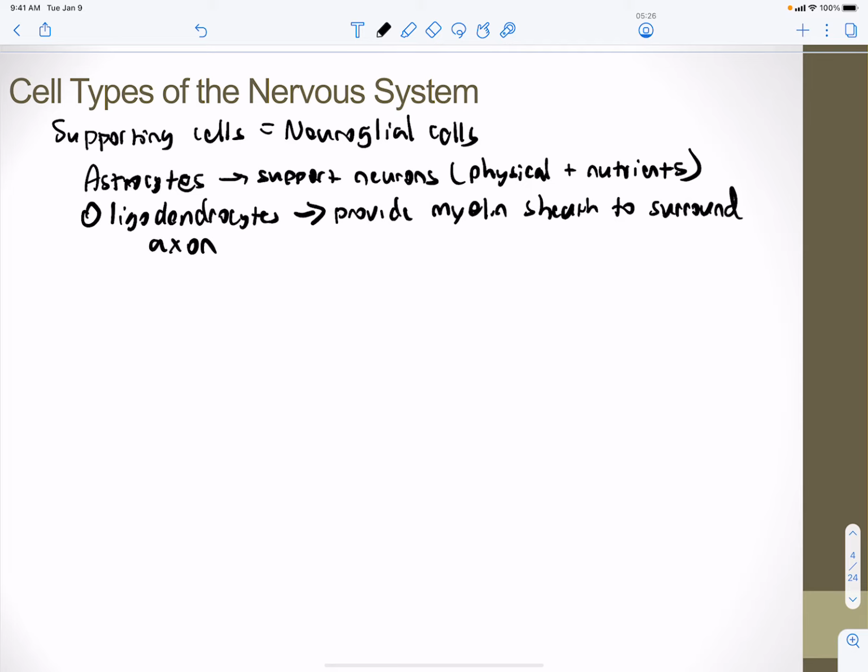And this is going to be a sort of insulation for neurons. And we have our Schwann cells. And these are going to be supporting cells of the peripheral nervous system.